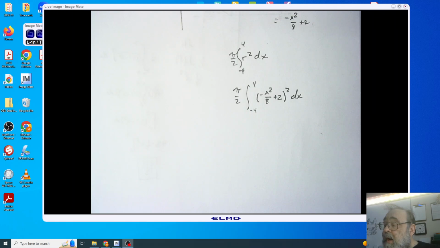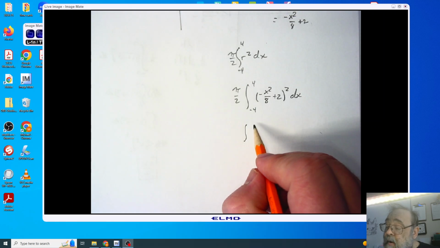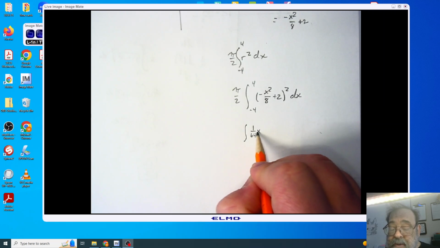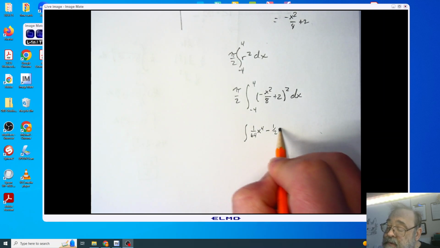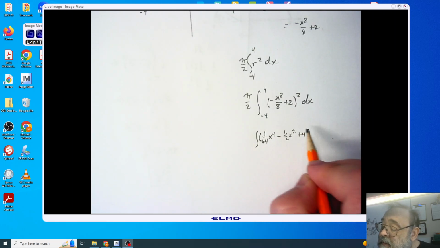Now, when I FOIL it out, I am going to get a very ugly 1/64 x to the 4th minus 1/2 x squared plus 4, and this is dx.